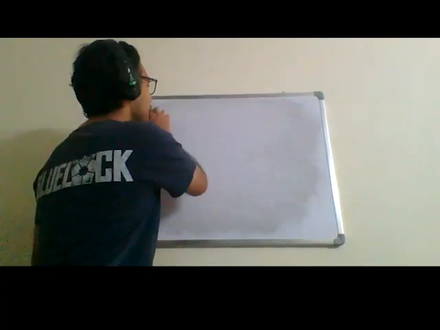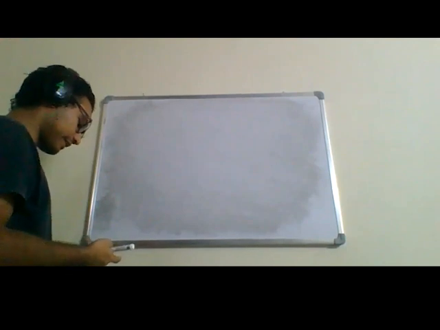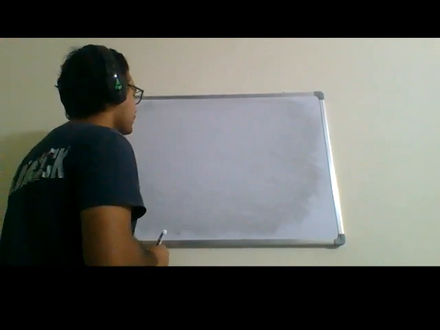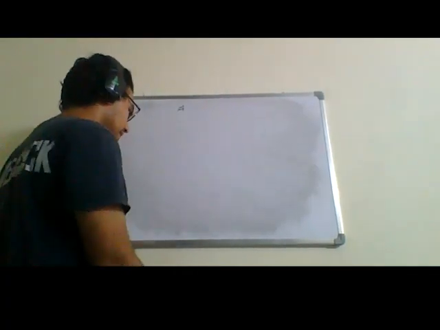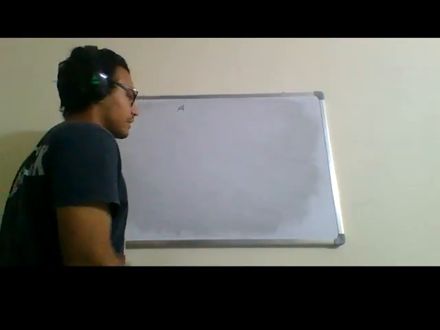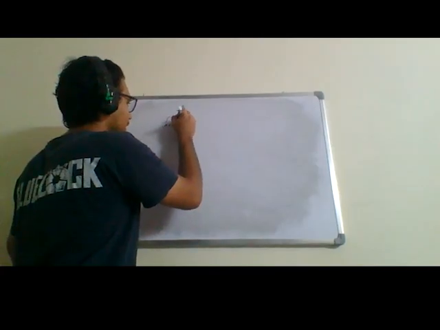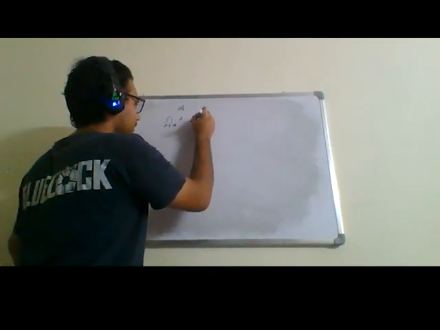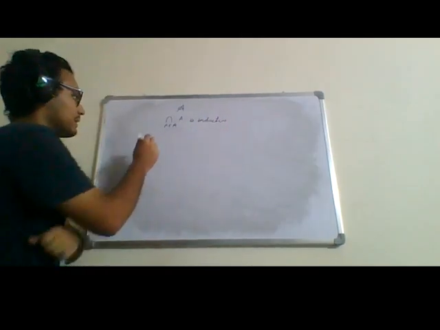I hope I didn't leave anything. I didn't. Okay, so show that the intersection of a collection of inductive sets is an inductive set. Let's see. I'm going to call this a collection of inductive sets, and you have to show the intersection over A belonging to alpha, where each A is inductive, is inductive.